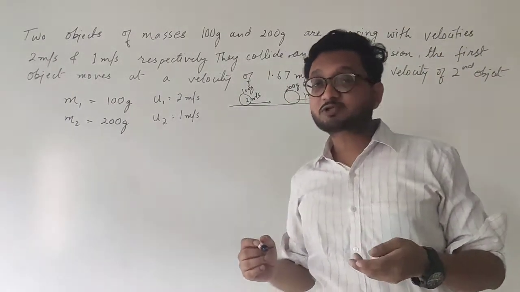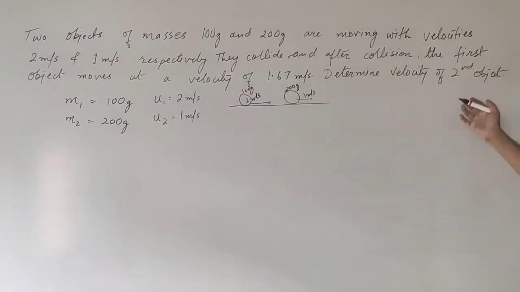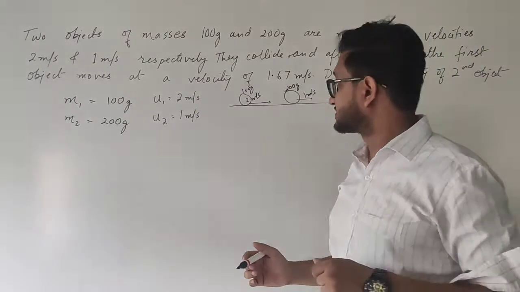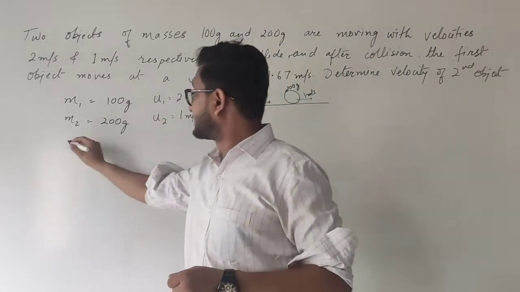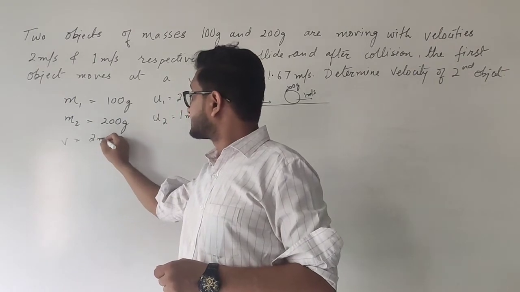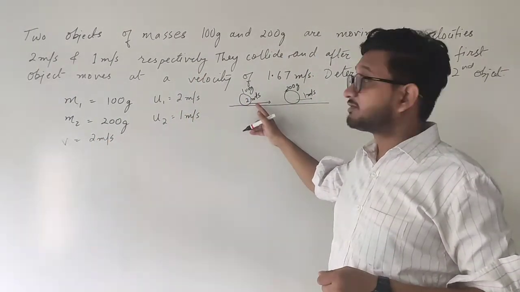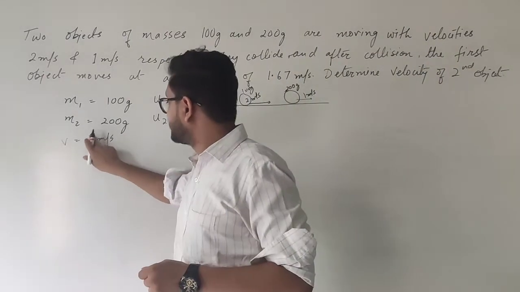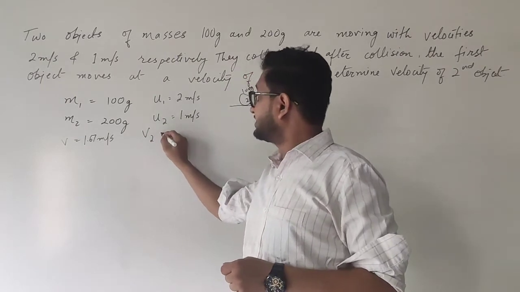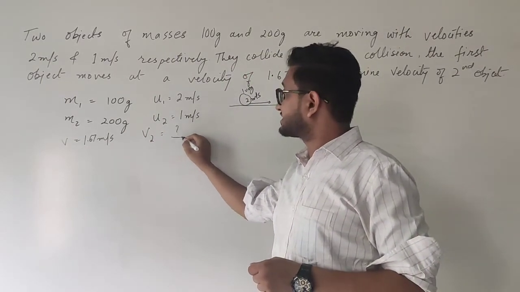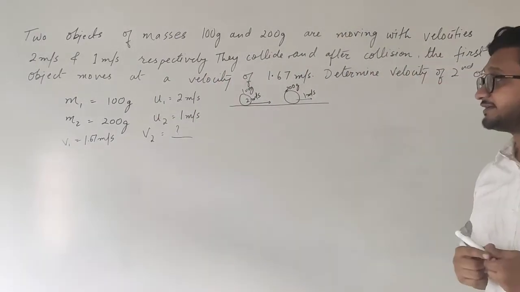So we are supposed to find the velocity of the second object, that is after the collision. We have been given the final velocity v1 of the first object, 1.67 meters per second, and we need to find velocity of the second object, that is after the collision. So we have been given v1, but we need to find v2.